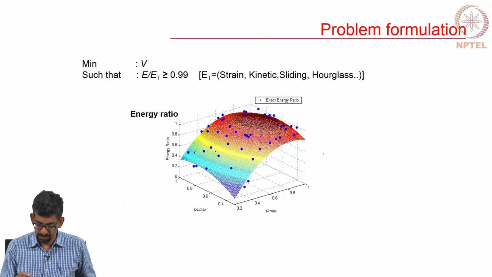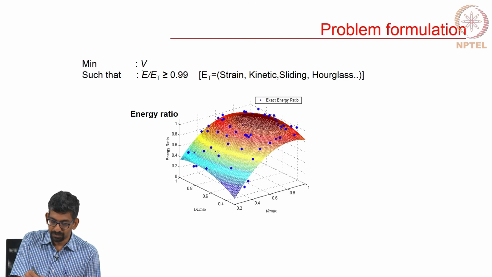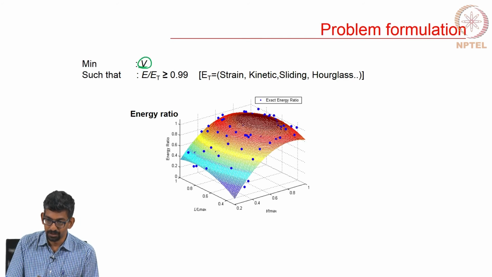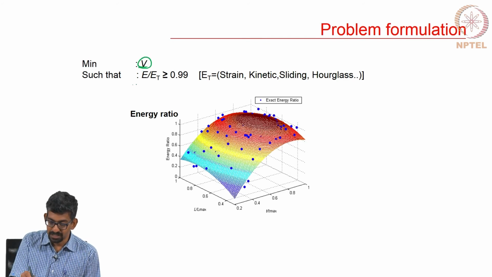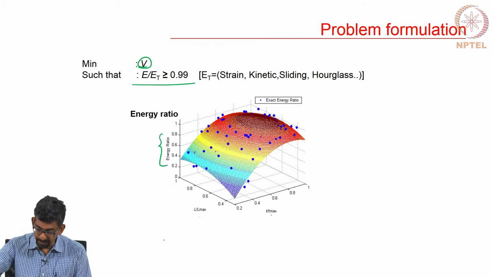Then there is a problem, do not worry about this. So, what we are trying to solve in that problem is, I will go back to that problem. We wanted to minimize the volume, such that some energy ratio. What we are doing in this particular case is, for T and L, which are my design variables, there are different points. Through an LHS design, we are estimating what the energy ratios are, and we are fitting a surface.